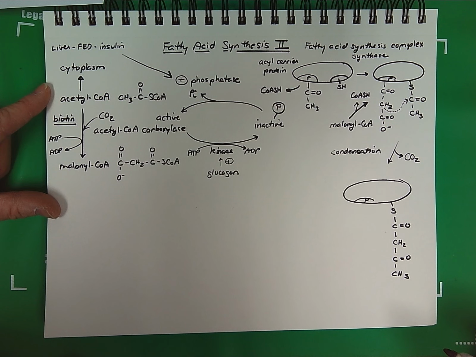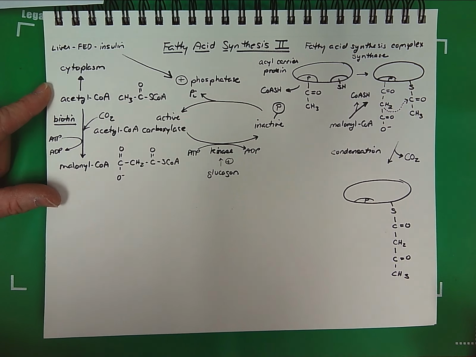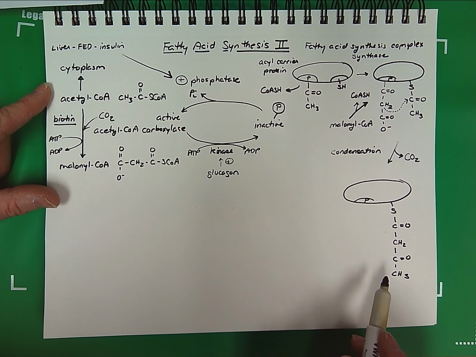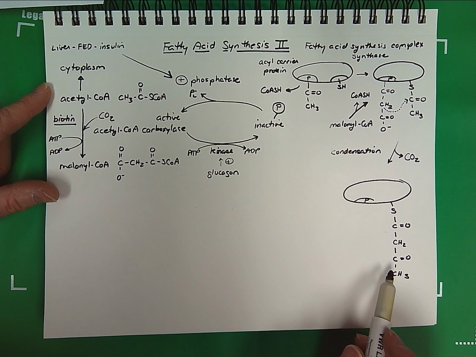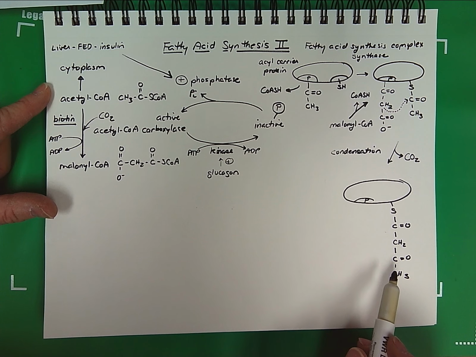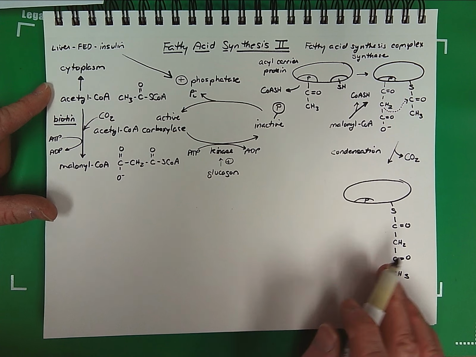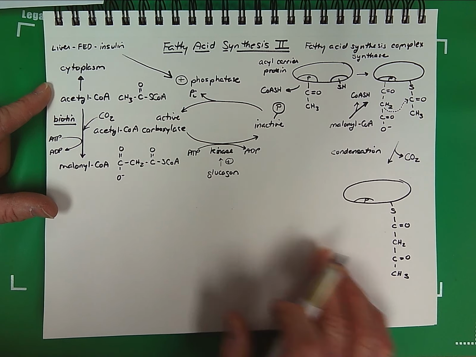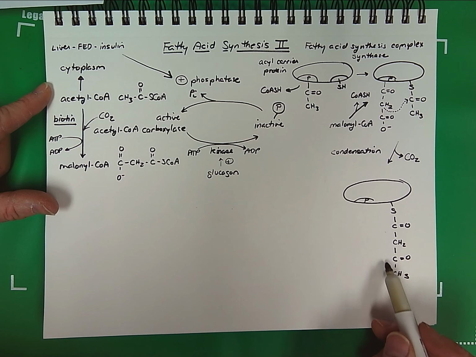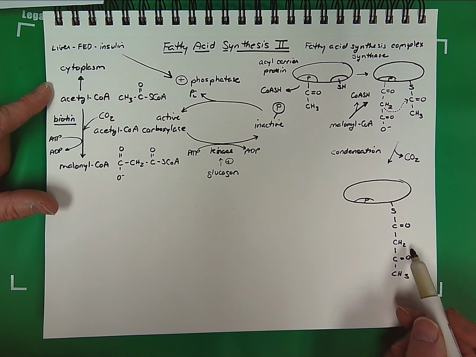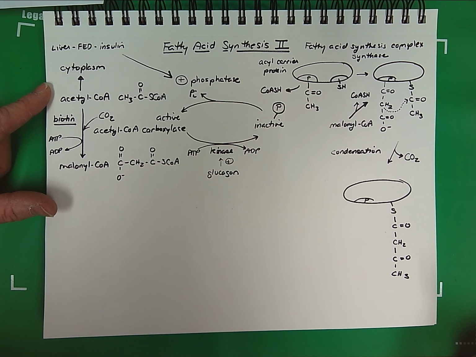Our longest one that we generally make is C16. So now once we have this structure, we are going to perform a series of reactions in order to process this carbonyl to make it a hydrocarbon.